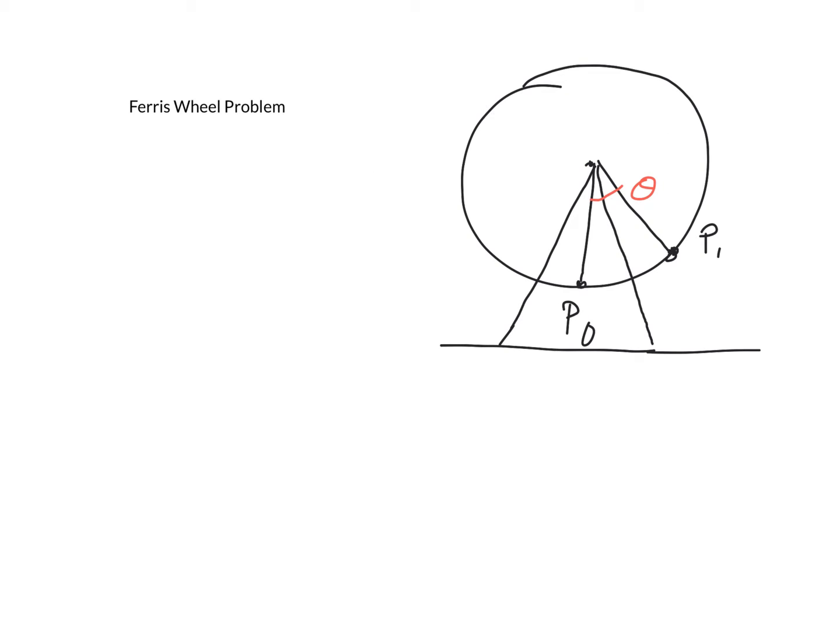All right, so Ferris wheel problem. Your book mentioned how this Ferris wheel that was built in the late 19th century in Vienna, for example, has a diameter of, let's say, 197 feet. I'm going to use this figure that I drew so beautifully to the right to help us find this.